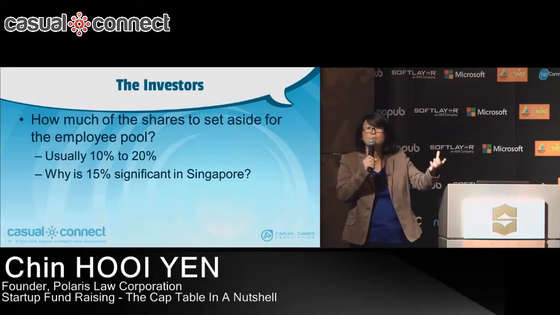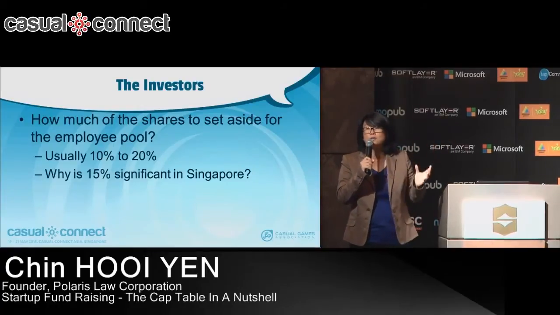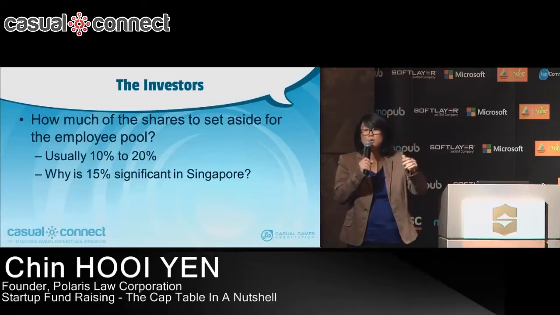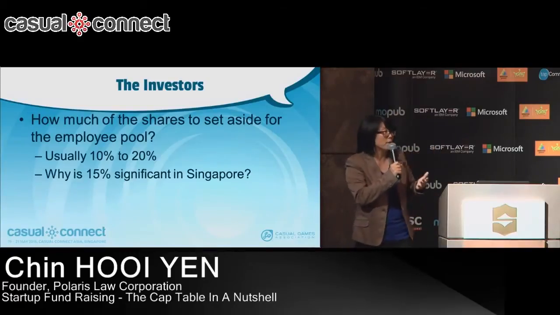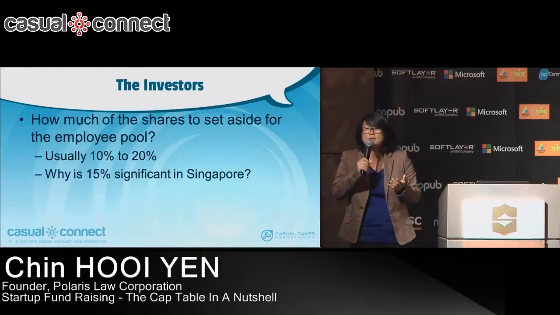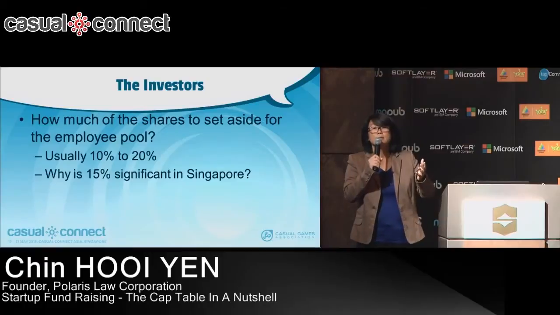So when you set aside a pool, it doesn't mean that there are shares somewhere out there. They have not been created yet. When you offer it to an employee, they accept, and it's vested, and you allot and issue the shares, that's when they're created. So it's a nominal number that you have set aside, you've agreed with your investors that that is the ceiling number of shares that can be issued to all the employees of a company. Okay?